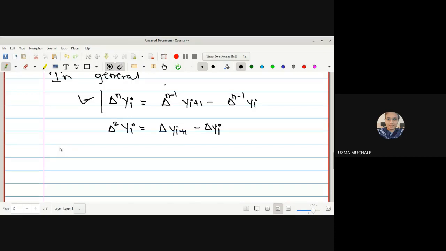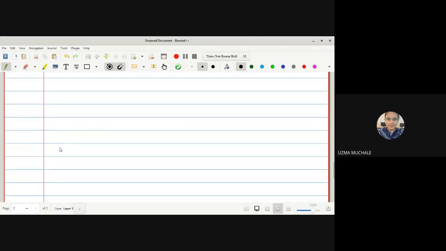Now we will prepare the table. You also have to prepare a table with me. Suppose we have been provided with a set of x and y values, say seven values. Say x naught, x1, x2, x3, x4.